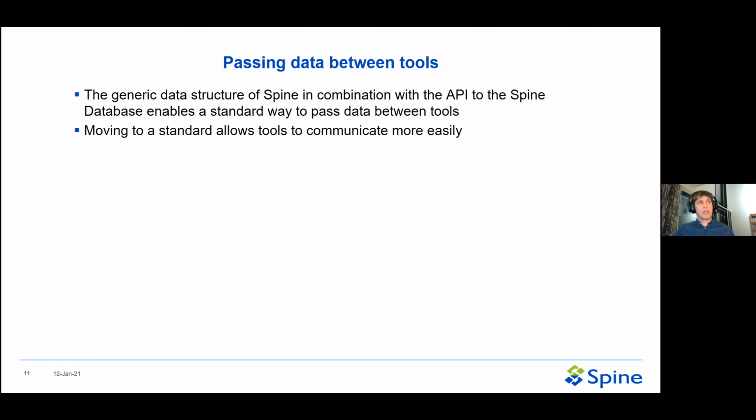And also in the interface itself, we are giving you a bit nicer ways how you can take data from one tool and send it to the next tool, and it kind of creates a standard way how to do that. And once you make a tool that starts to comply with that standard, then you can very easily start to pass data between different tools that also comply with that standard.